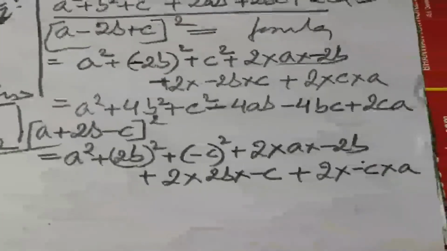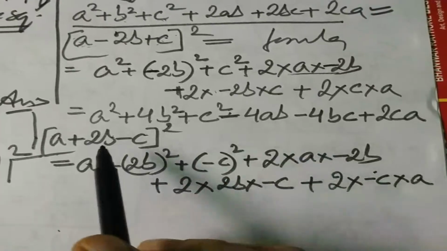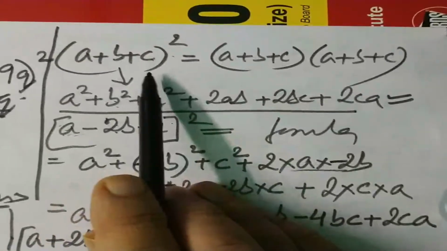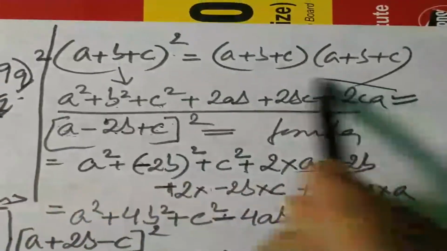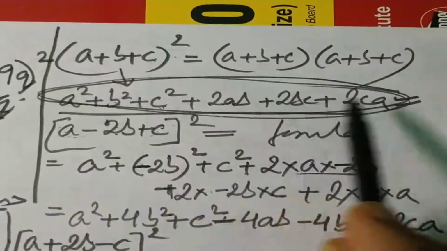See this portion of the explanation again and you will understand that I am using this formula. I am writing all the questions in this way: a square, b square, c square, 2ab, 2bc, 2ca.